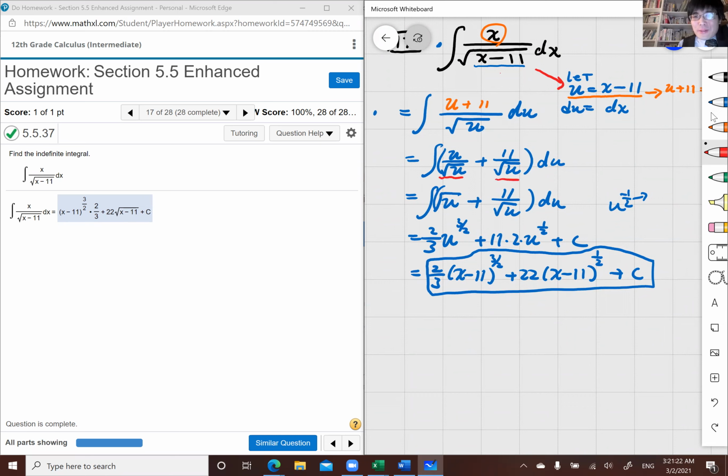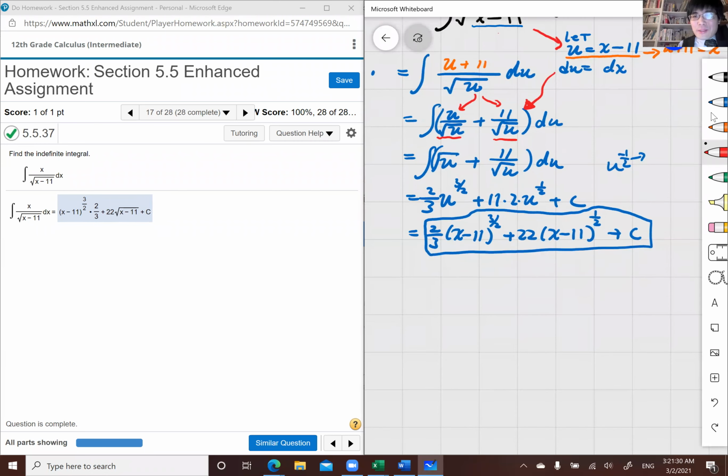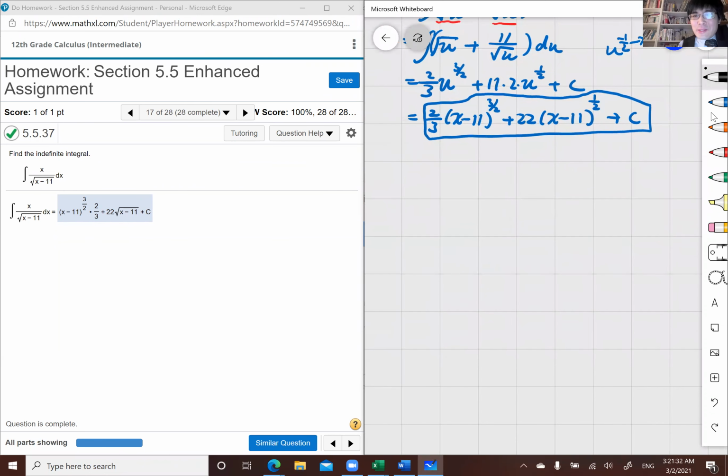That's the whole point of this substitution. But the substitution doesn't change the nature of the expression. So if you know what's going on in these computations, you probably found out something like this.